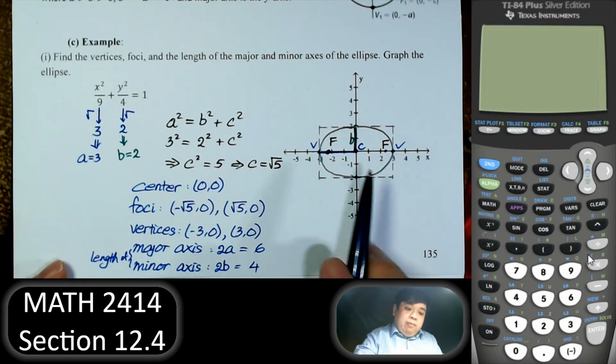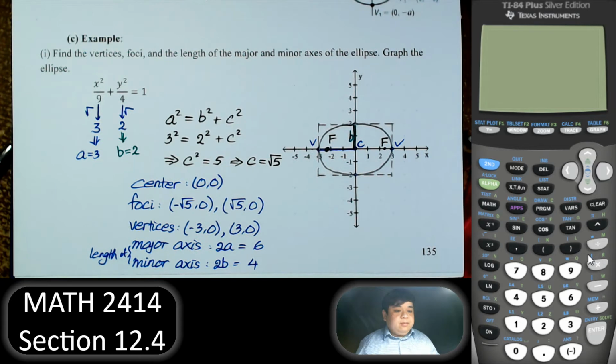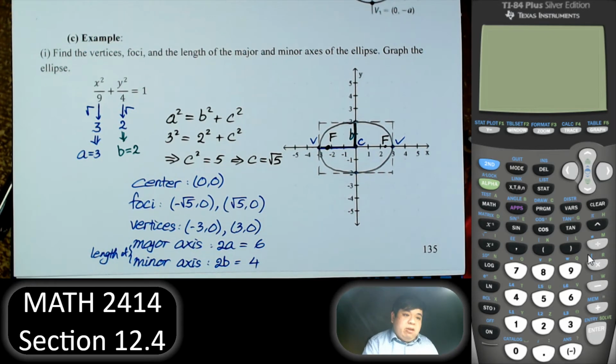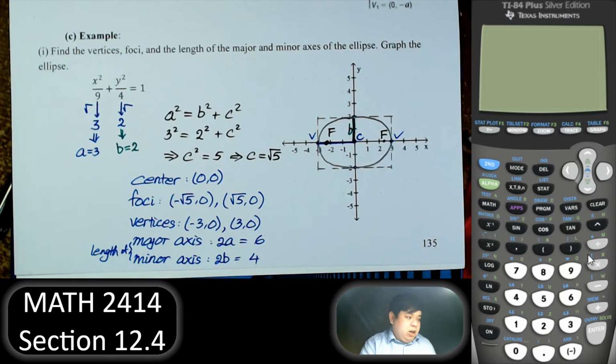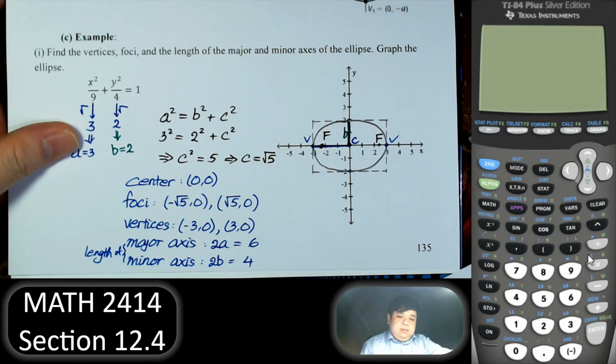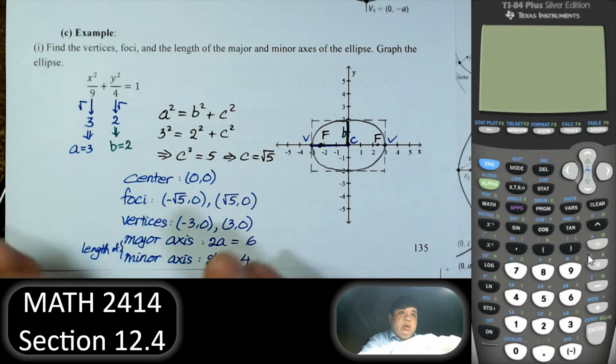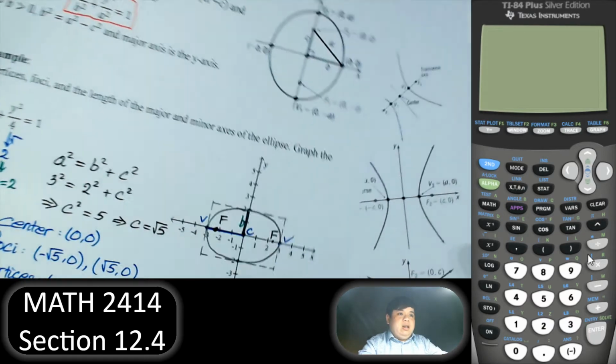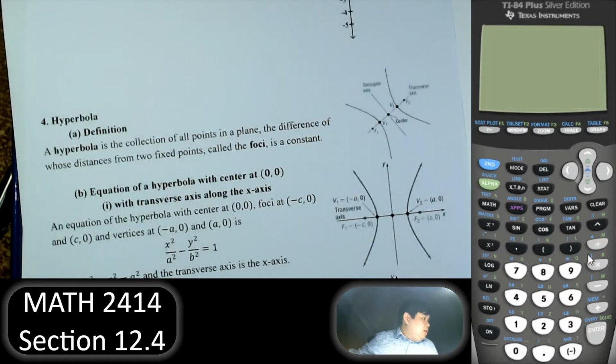The longest line is going to be 6. Right. So that's what we have. So it's easy to graph it based on this fact, right? The major axis, minor axis, we can draw an ellipse. And always draw the box first, and then we can draw an ellipse inside. That will be better. Right. So we have that.